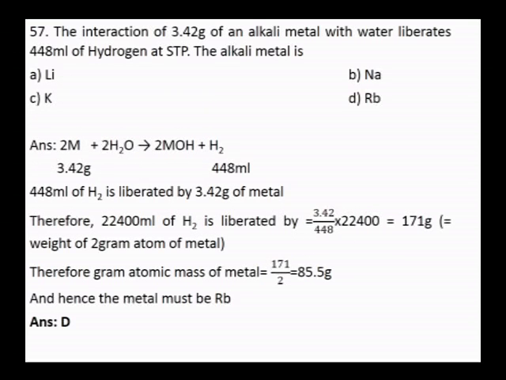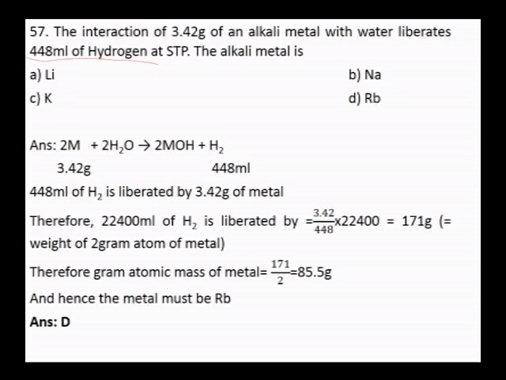Moving on to question number 57. The interaction of 3.42 gram of an alkali metal with water liberates 448 ml of hydrogen gas at STP. The alkali metal is, the options are lithium, sodium, potassium, and rubidium.